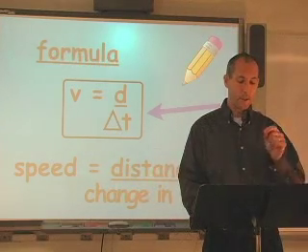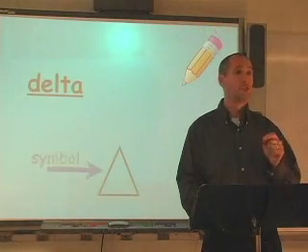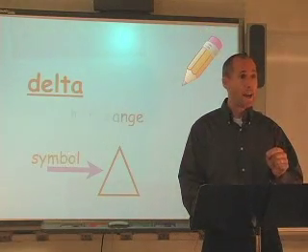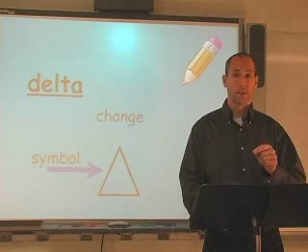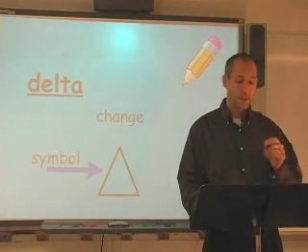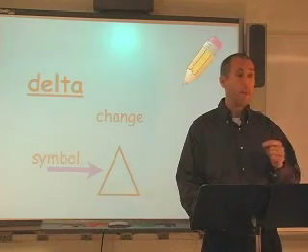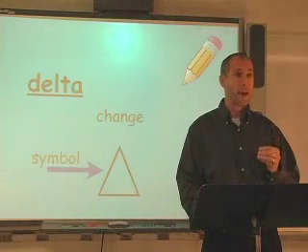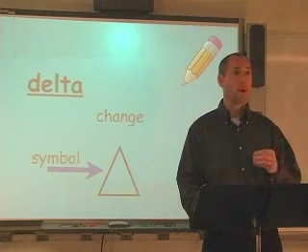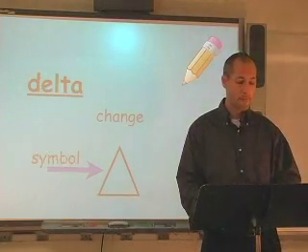Delta, the triangle that you see, represents the word delta, which means change. We use this to represent change in time, the difference between then and now. This way, we don't have to mention that it's the difference between the starting time and ending time every time we solve a speed problem.